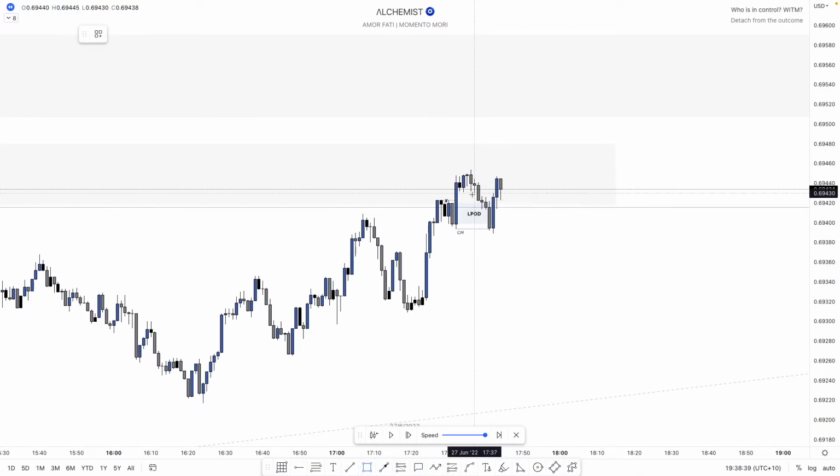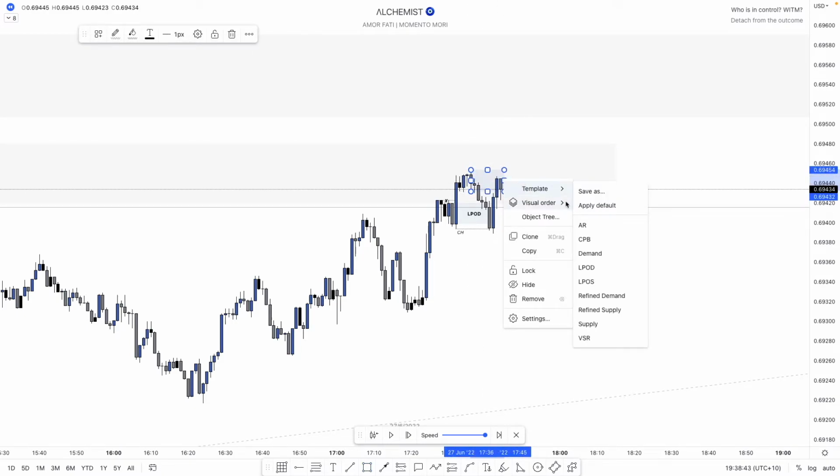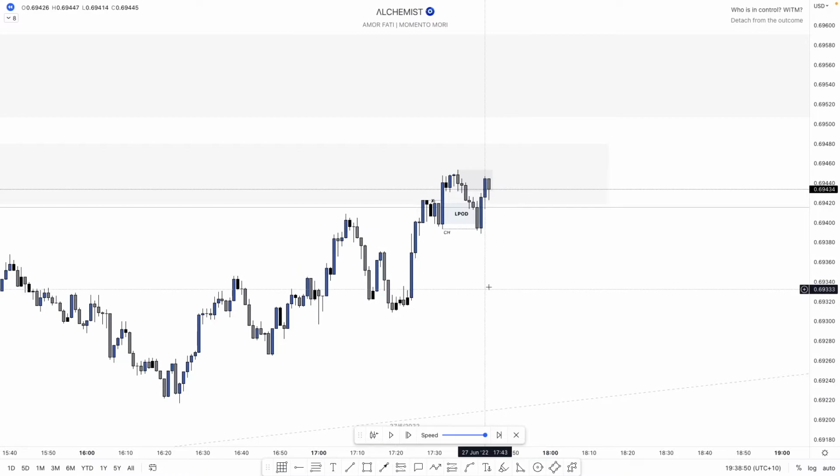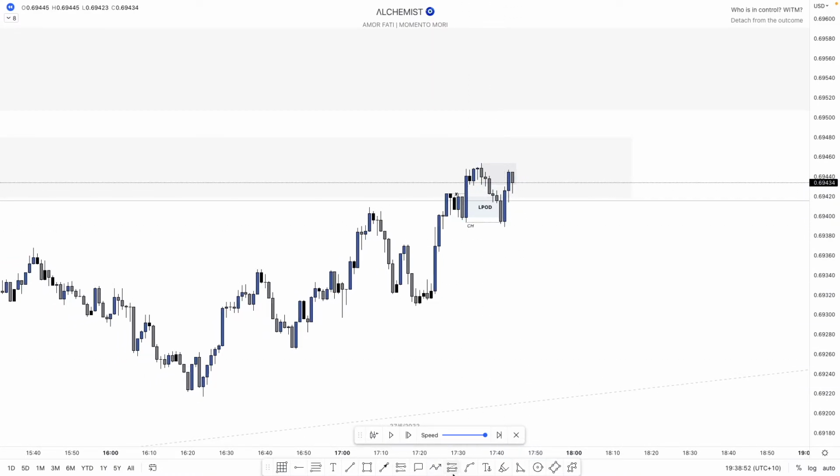So if you did really want to be aggressive, you could have actually just entered off of this. However, that's not how I like to trade. I would have waited for the first level of respect. Let's just mark that a bit darker so you can see it. So essentially what I wanted to see was this fail, generating some more liquidity, tap, and then go.